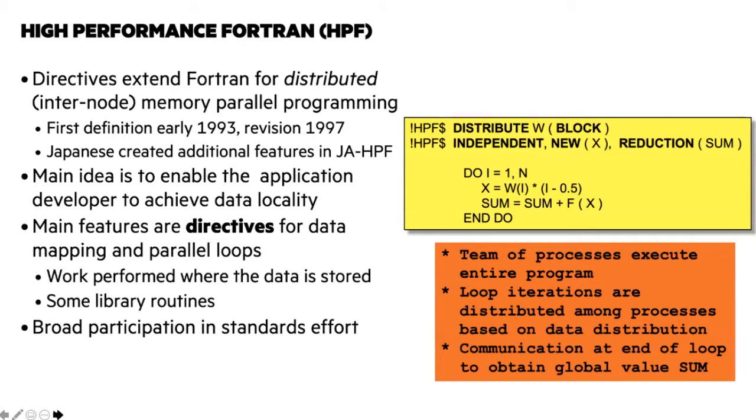So no surprise that once what we think of now as HPC clusters, but at the time distributed memory parallelism, which was a new thing at the very end of the 1980s, early 1990s, and I realize that's before the time of many people on this call, directives would again emerge. So my personal history with directives starts at this time. I realize I'm dating myself there, but that's okay.